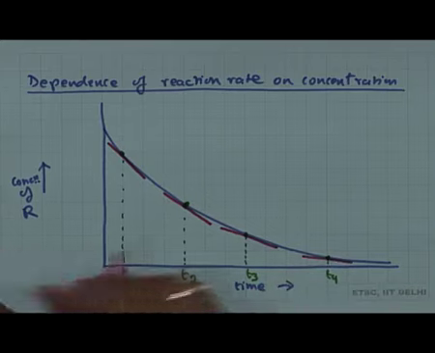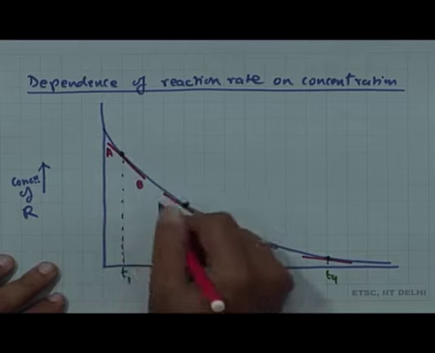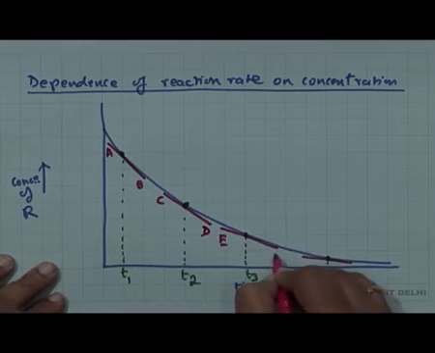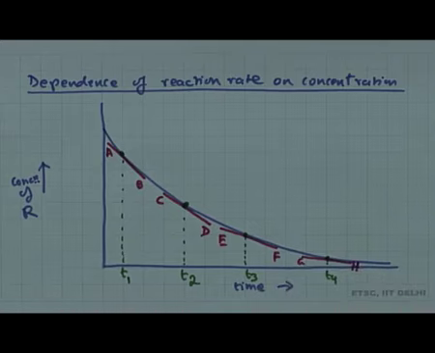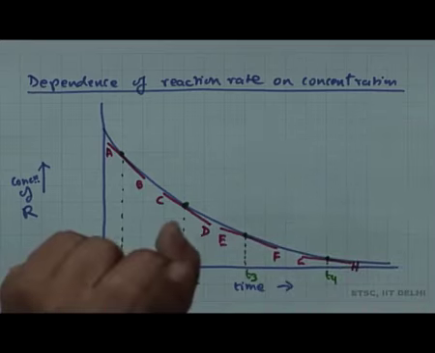Let me write these lines as A B, C D, E F, and then G H. So, there are 4 time points.